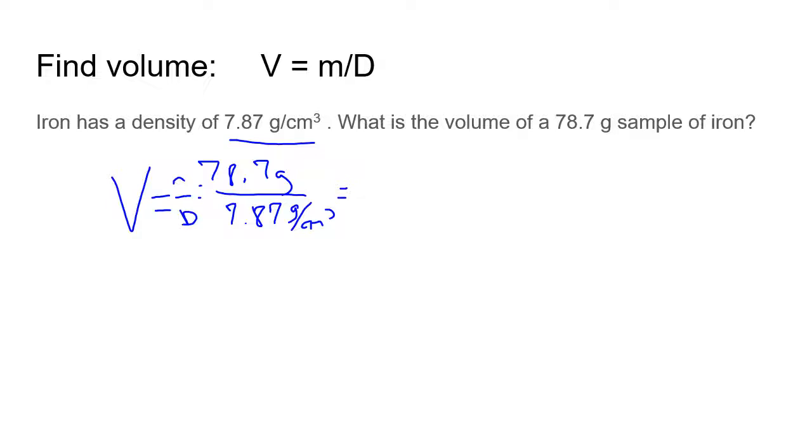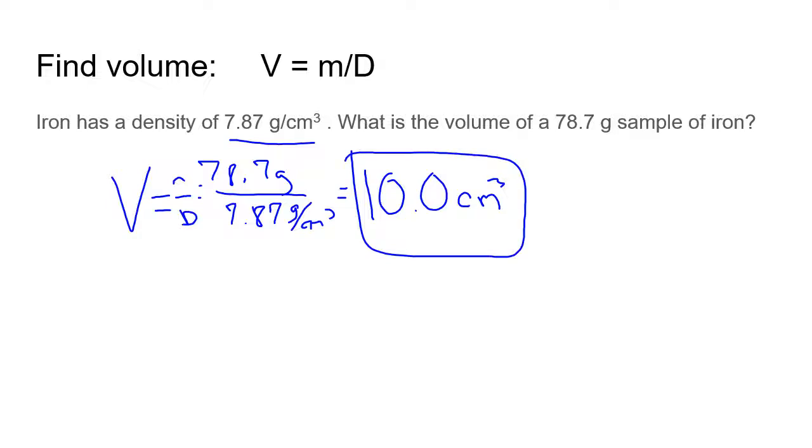So our volume here is going to be 10.0 cubic centimeters of iron. We just followed this equation just like we were following D equals M over V previously.